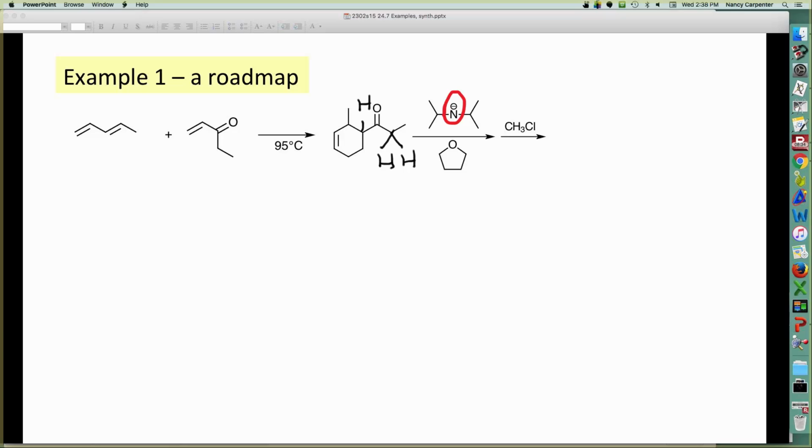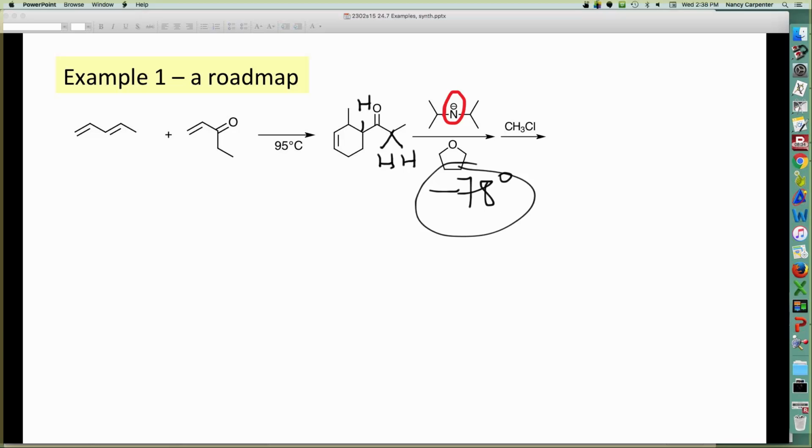So you need to be thinking, are these the conditions to make the kinetic enolate or the thermodynamic enolate? I think these are the conditions to make the thermodynamic enolate, but you know what? I think I meant to say minus 78. So we're going to go for the kinetic enolate. How's that? Just throw in minus 78. This is really cold. So that's the kinetic enolate.